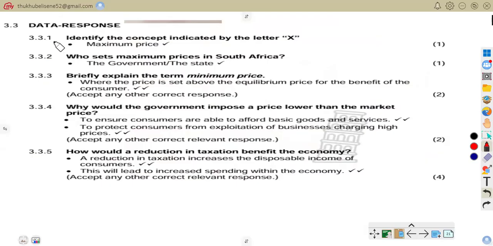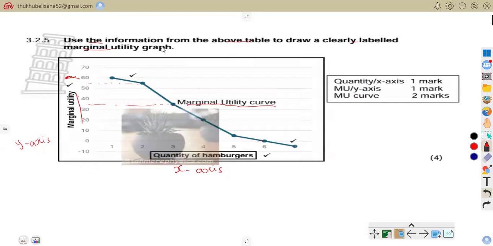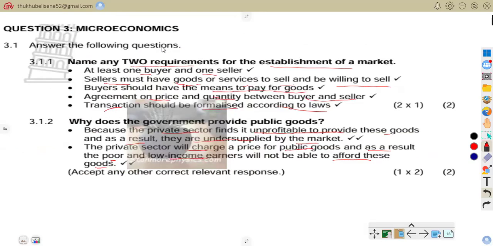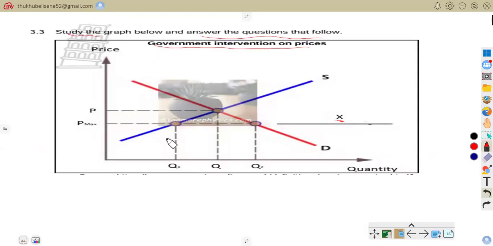Our letter X is a maximum price. As you can see from the graph, here it is, this is a maximum price.